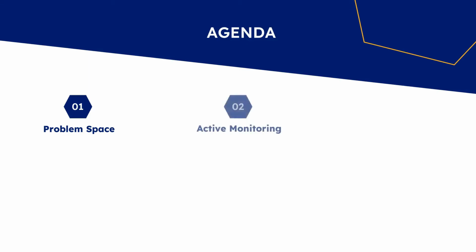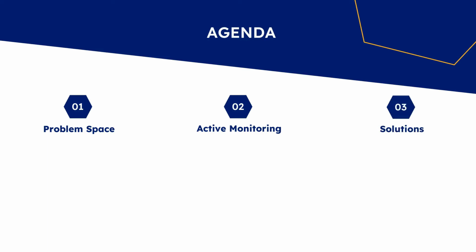But before we continue, let me just give you an outline of our presentation structure. We'd like to begin with an overview of what problems we designed Seymour to solve, after which we'll explain what active monitoring is and why it is essential in assuring the health of a system. Next, we'll explore existing solutions in the active monitoring space, their advantages and limitations, and where exactly Seymour fits in the picture.